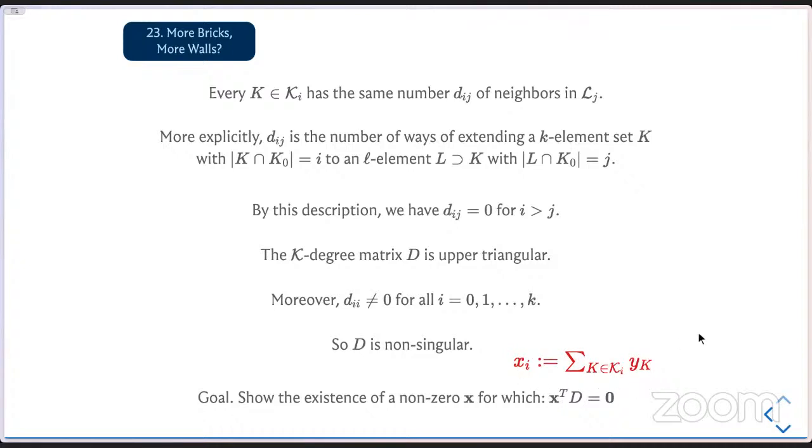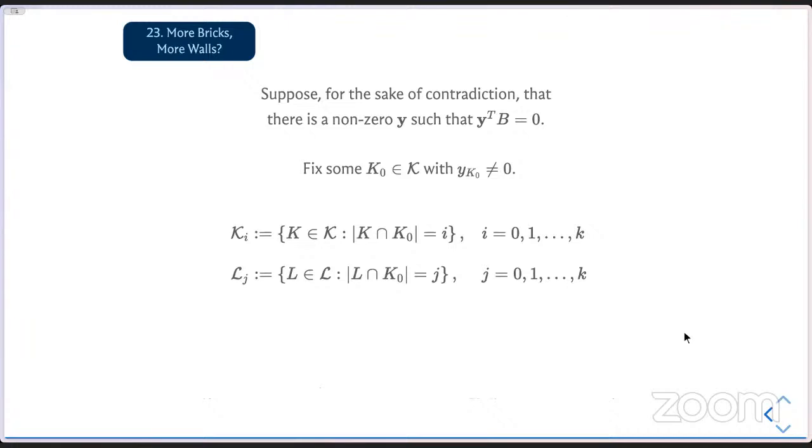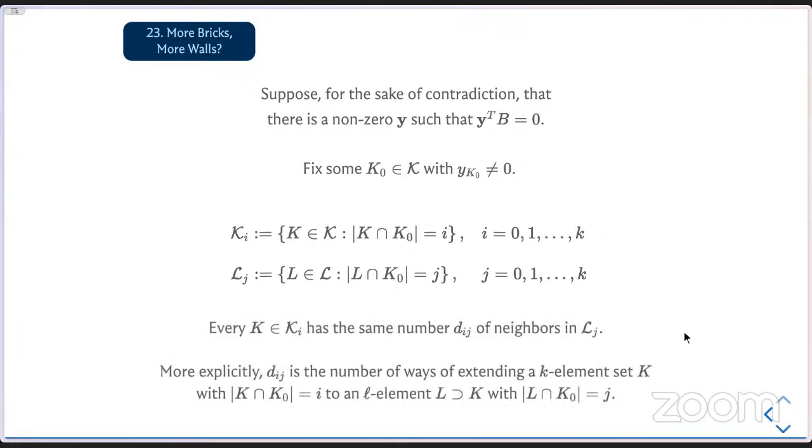What you do is to go from the Y vector. Remember, the Y vector was this big vector with n choose K entries, and to get a vector which is now only K entries, because the Dij is a K by K matrix that we're talking about.